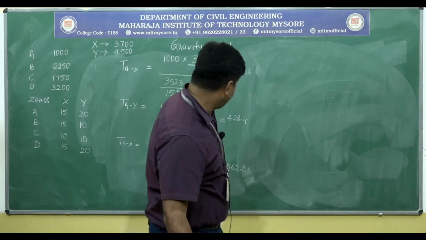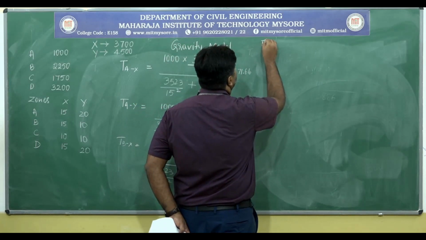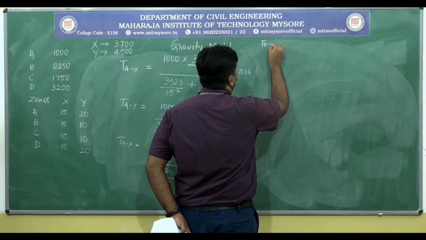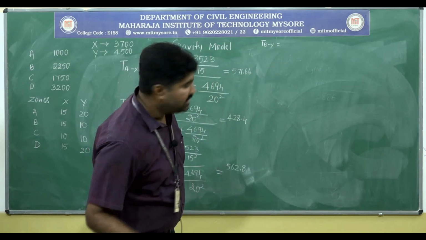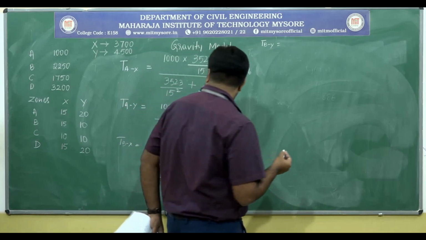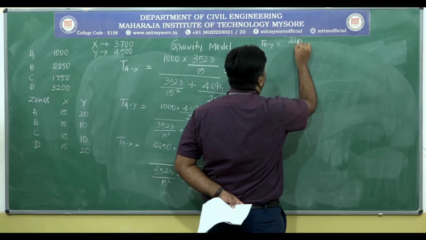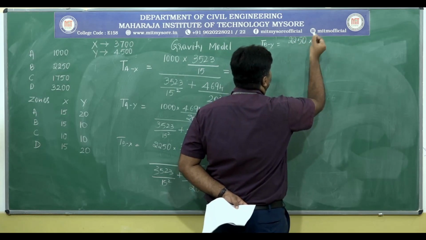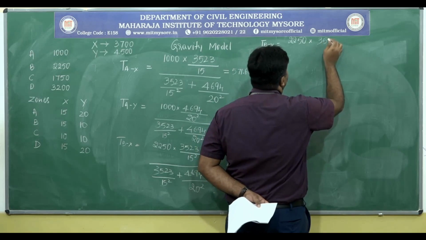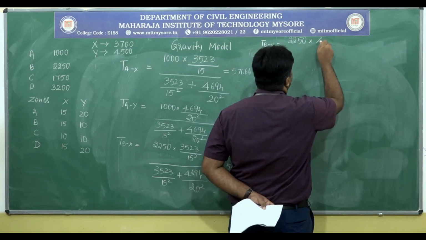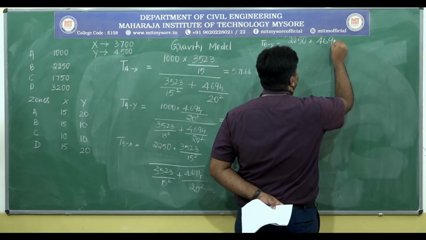Next we have to calculate T B to Y. We know the trips generated in B is 2250 into, B to Y, it will be 4694.